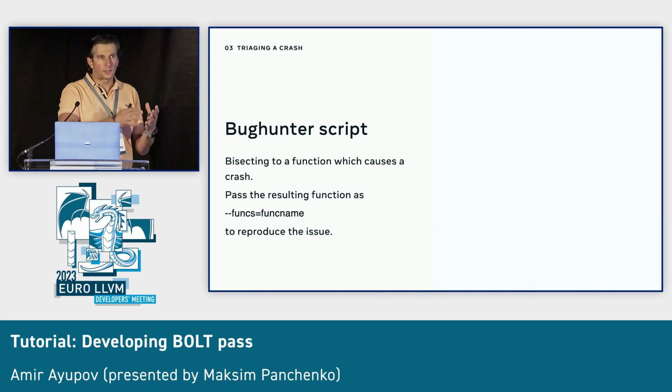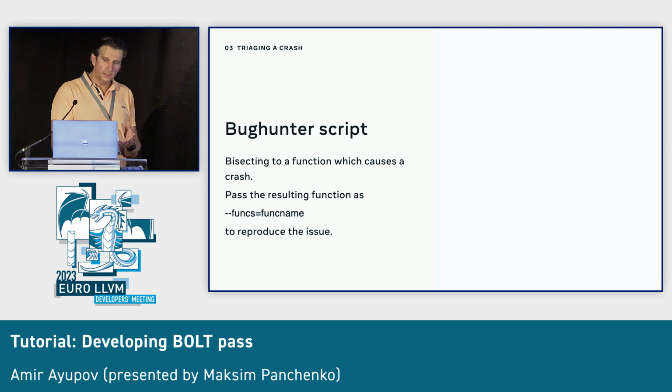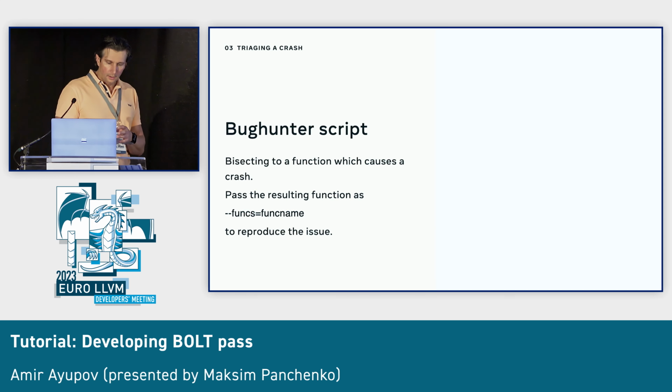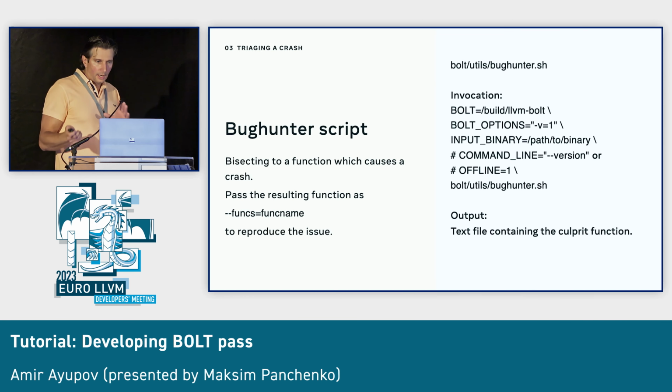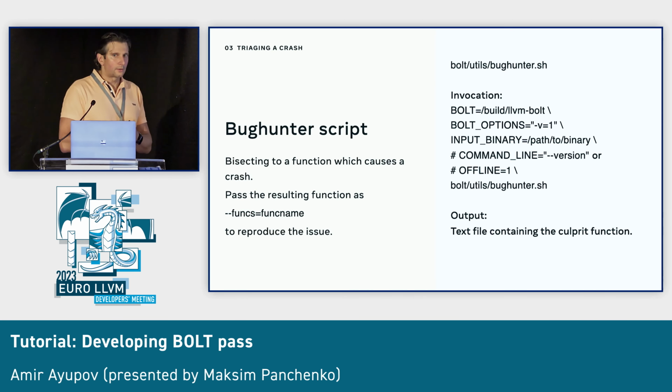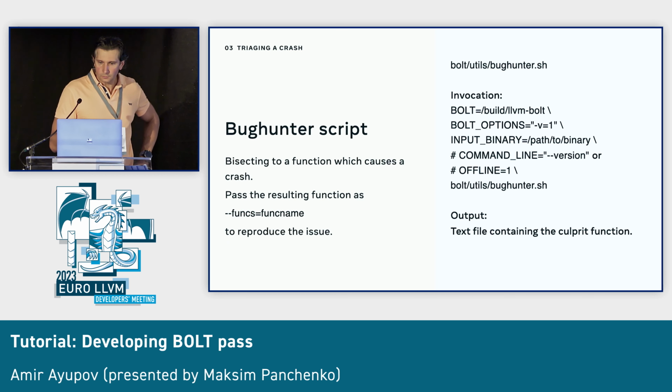So you can, say, apply it to just half of the functions, and then break down. You can pass it the list of the functions that you apply optimization to. And again, it's all done by the bug counter script.